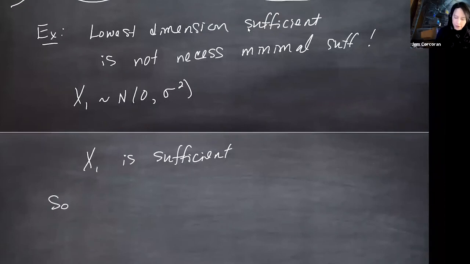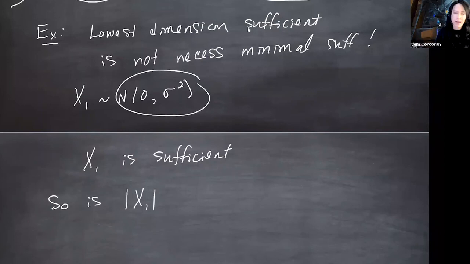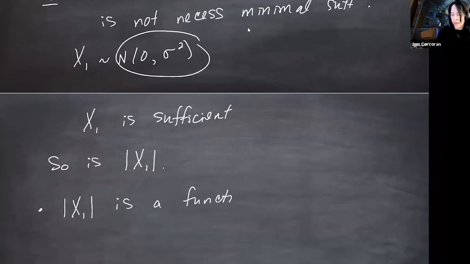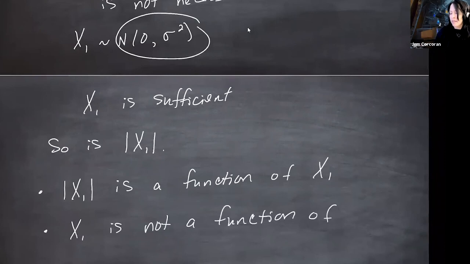But so is, for this particular problem, if you looked at this PDF, you can write it as a function of x1 in absolute value. So this absolute value of x1 is a function of x1, but not the other way around, because if you have the absolute value, you can't recover the thing inside.